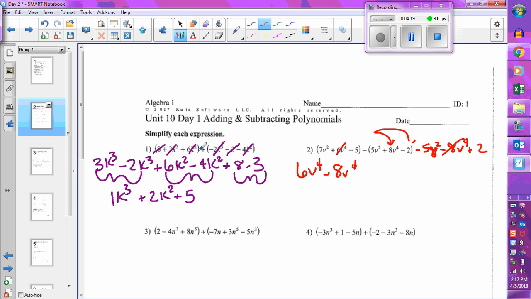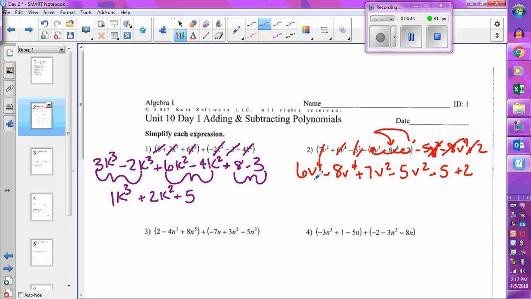So now I have my 7v to the second degree and my negative 5v to the second degree. So I'm going to cross those out. And then I have a negative 5 and a positive 2. And I'm going to go ahead and cross those out as well.